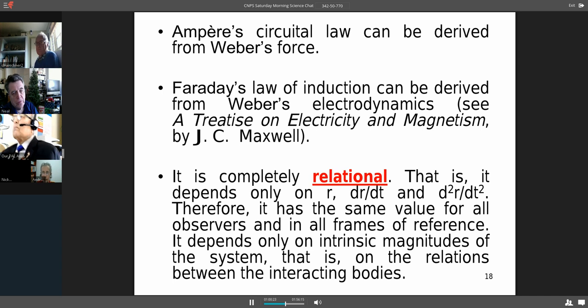This velocity in the magnetic component of the Lorentz force is the velocity of the charge relative to a frame of reference or observer. In Weber's electrodynamics, this kind of concept does not appear. Therefore, I call them relational. Also, to distinguish it from Einstein's relativity. Yes, relational is surely not the same as relativity.